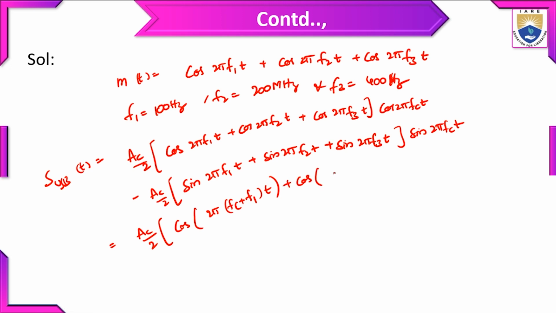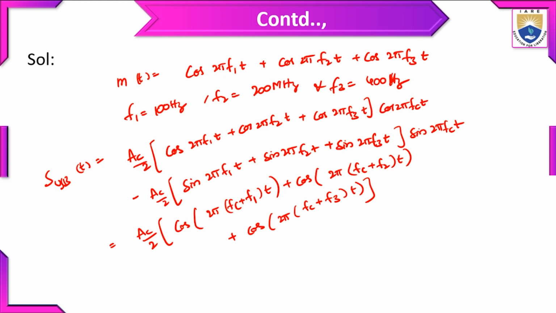Plus cos of 2π(f_c plus f2)t plus cos of 2π(f_c plus f3)t. So this is the upper sideband, SSB with upper sideband.